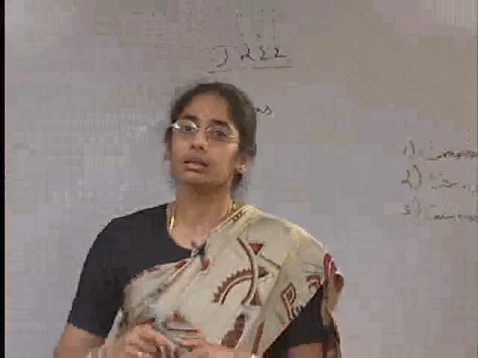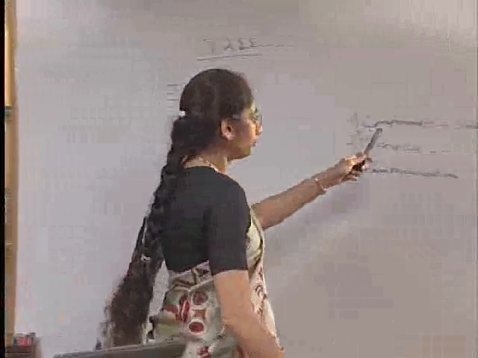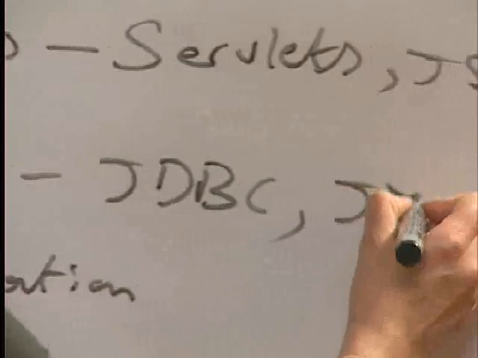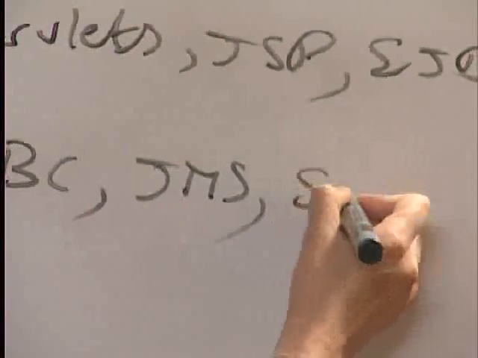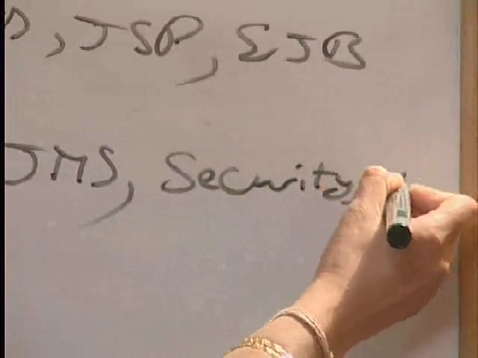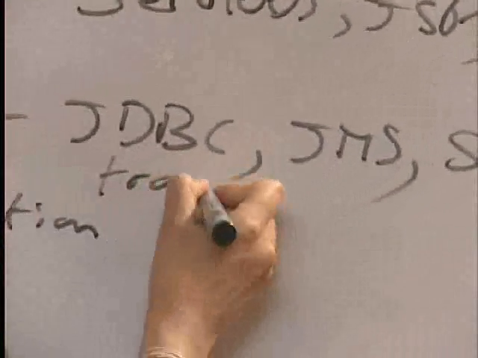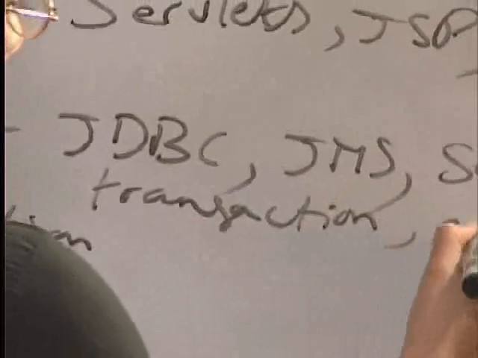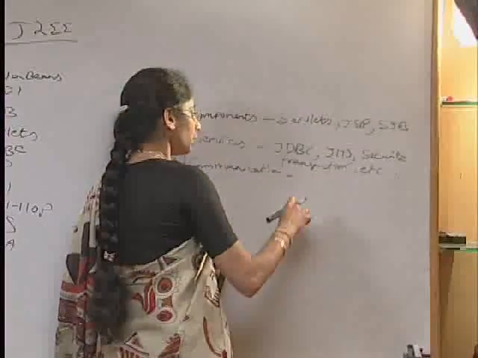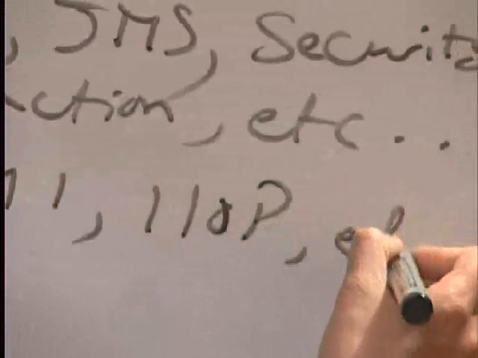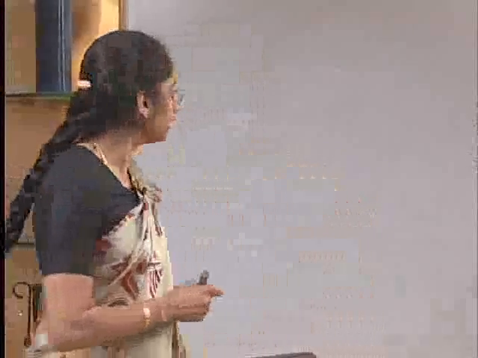Your services are the various services provided for your components, like the database service, the messaging service, the security service, the transaction service, etc. When we talk about communication, how do I communicate between components and between services? It is using RMI, IIOP, etc.